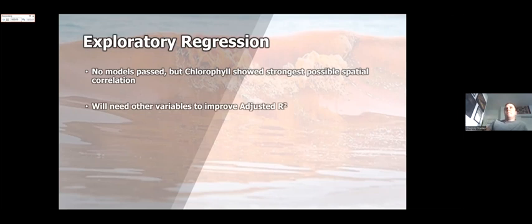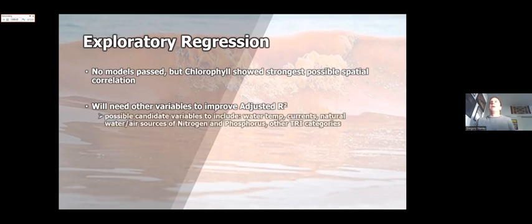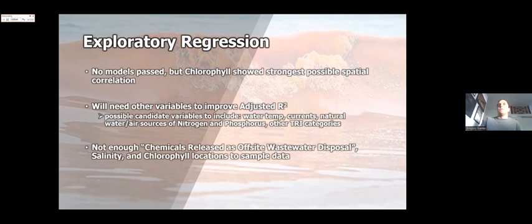Therefore, I will need other variables to improve the adjusted R squared, and the other criteria will hopefully improve when I find better variables. And the way to do this, I could probably investigate using water temperature data sets, currents, other natural sources of nitrogen and phosphorus, and possibly other TRI categories that I may have overlooked. And also, there weren't enough chemicals released as offsite wastewater disposal, salinity, and chlorophyll locations to sample the data from.